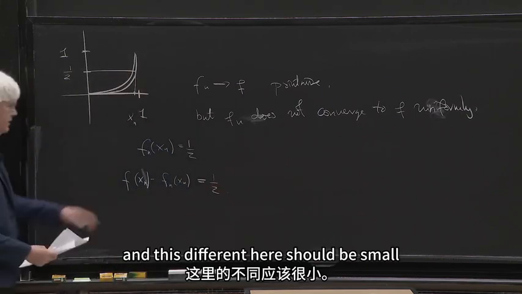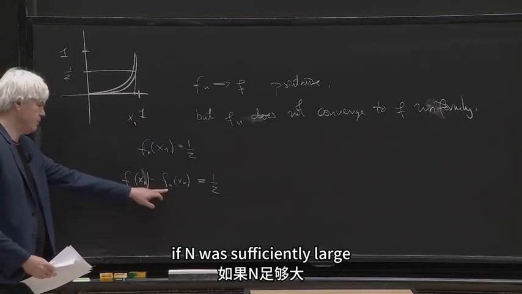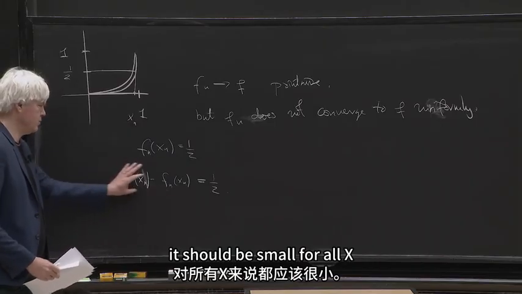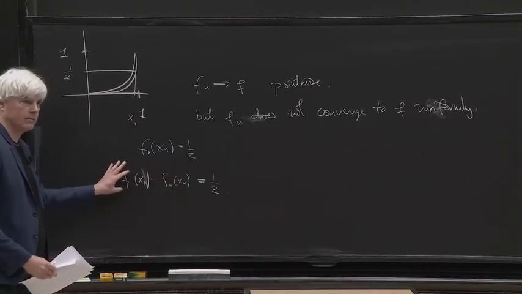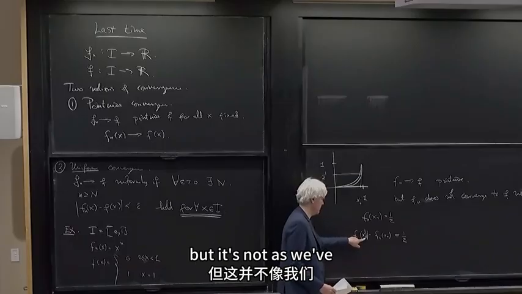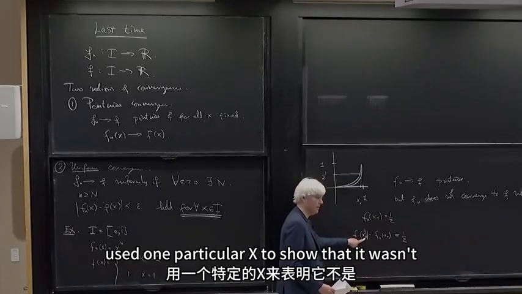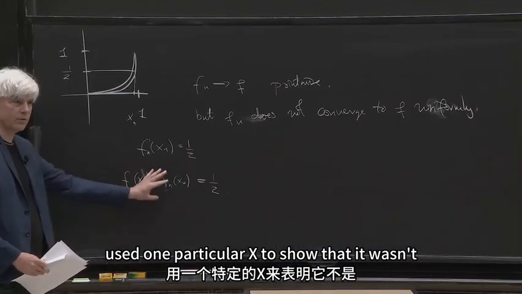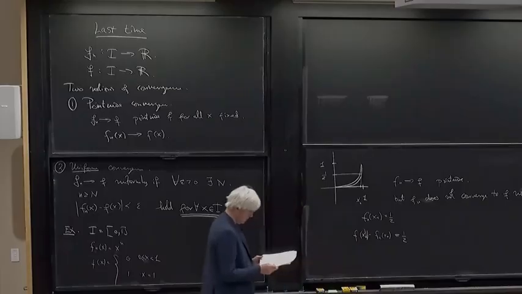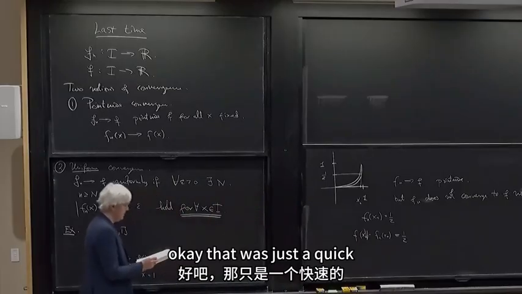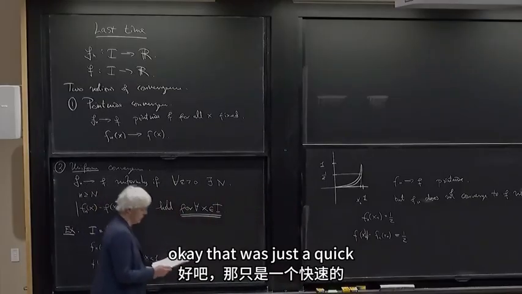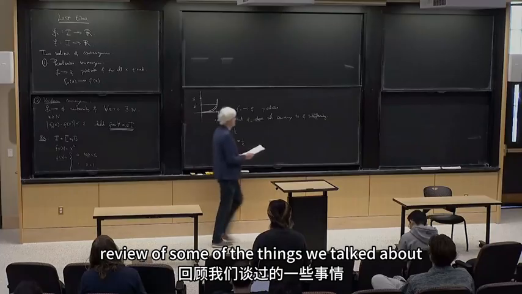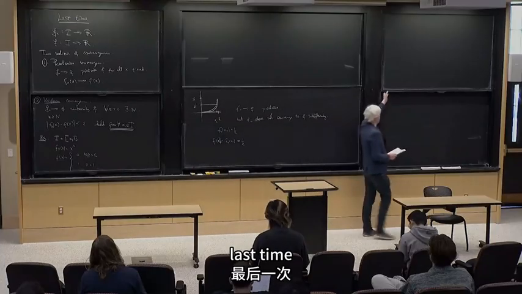And this difference should be small if n was sufficiently large, it should be small for all x, but it's not. We used one particular x to show that it wasn't, right?